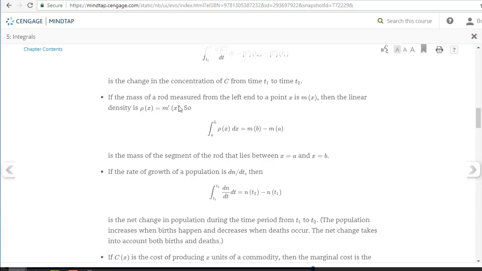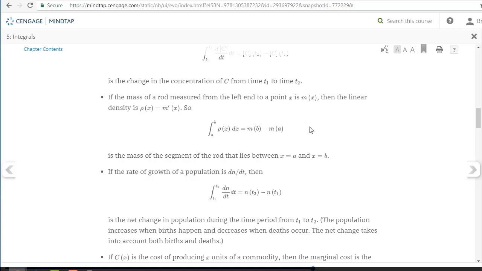If I have a mass function m of x, its derivative, the change of mass per change of length, we called linear density, and we used the lowercase Greek letter rho to represent that. So if I'm integrating m prime, or linear density, that's giving me the change in mass as I move from point A to B on the rod.